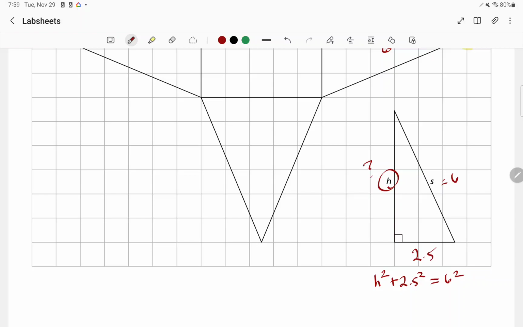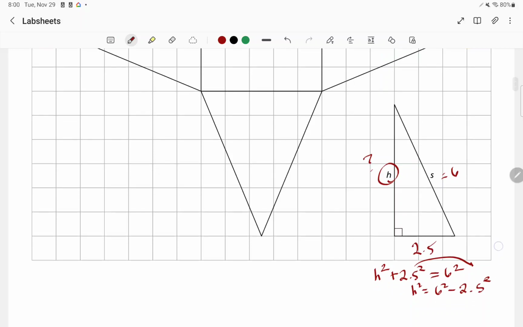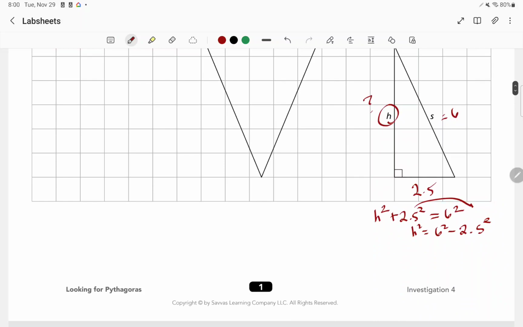So what we're going to do is bring this 2.5 squared over, so you'd have h squared is equal to 6 squared minus 2.5 squared, because you would subtract it from each side. And then you would take 6 squared minus 2.5 squared, which is 36 minus 6.25. That's equal to h squared.